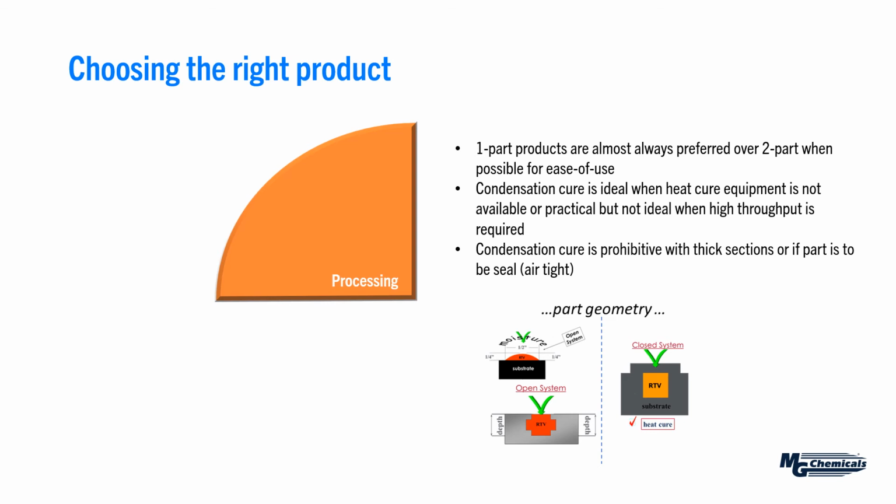The other thing too, of course, is part geometry and section thickness. With the condensation cure, we have to consider that these are not suitable for potting. Typically you're potting between an inch and 2 inches. Well, that's not going to cure all the way through, and that's going to have a massive effect on the final properties. And the other thing with the condensation cure is the byproduct.